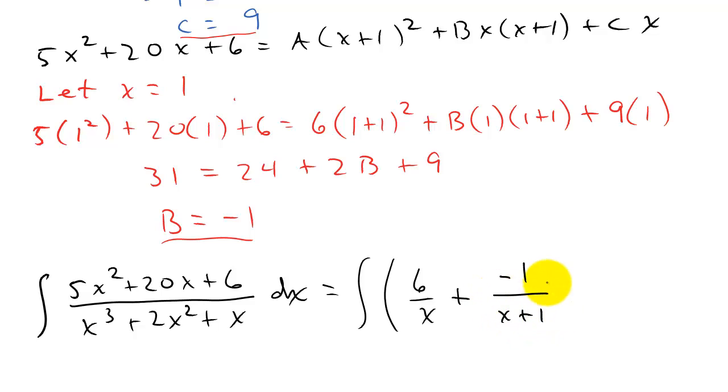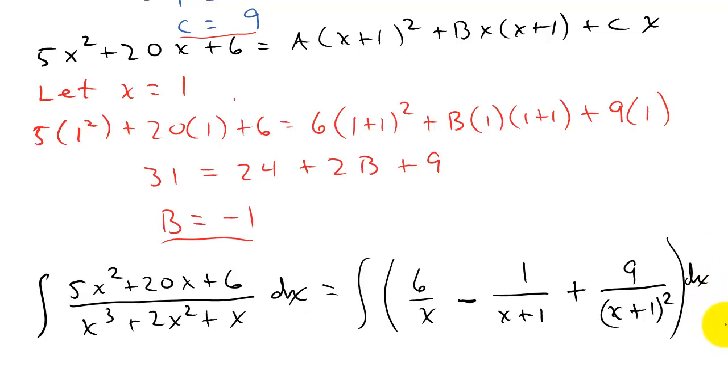I've got a negative and a positive, so I'm going to change that to a minus. And then plus c, and c was 9, over x plus 1 squared, and that's dx.